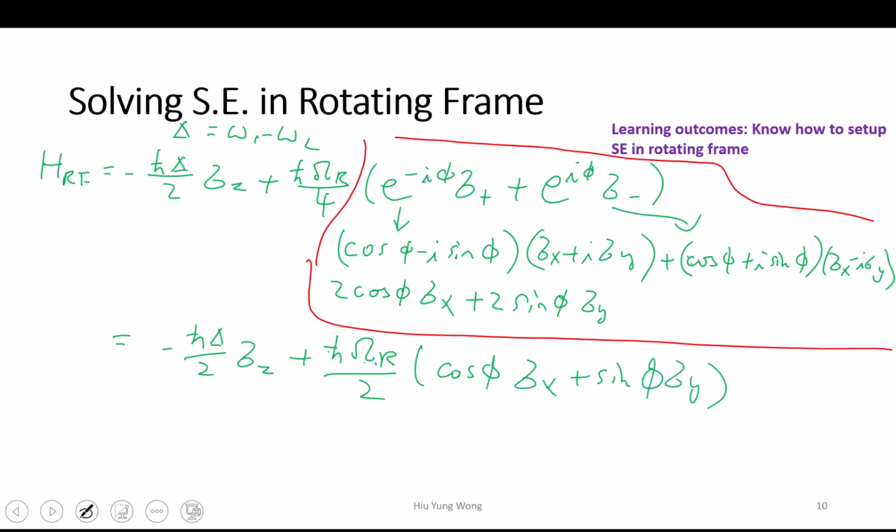A very neat equation: no time dependence, nothing to do with omega 1. It depends on the detuning. How is your Larmor frequency different from your rotating frequency? And also, what is the initial phase of the horizontal magnet, right?